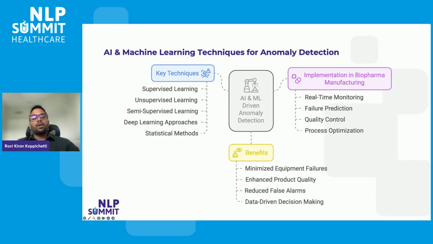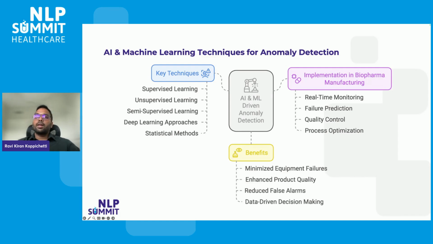Therefore, there are several techniques available for anomaly detection. One is supervised learning models, such as decision trees and support vector machines, the SVMs. They excel when we have labeled data sets containing past anomalies. However, unsupervised learning is often a better fit because biopharma manufacturing frequently encounters rare and unknown failure modes.